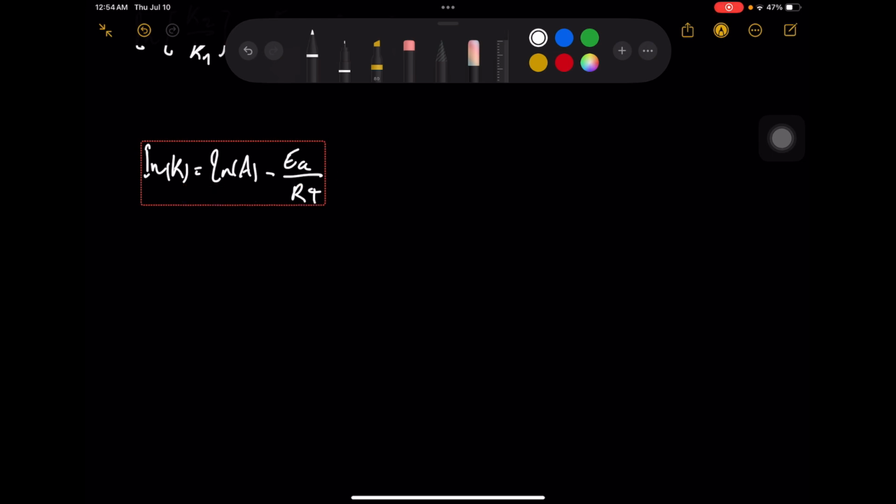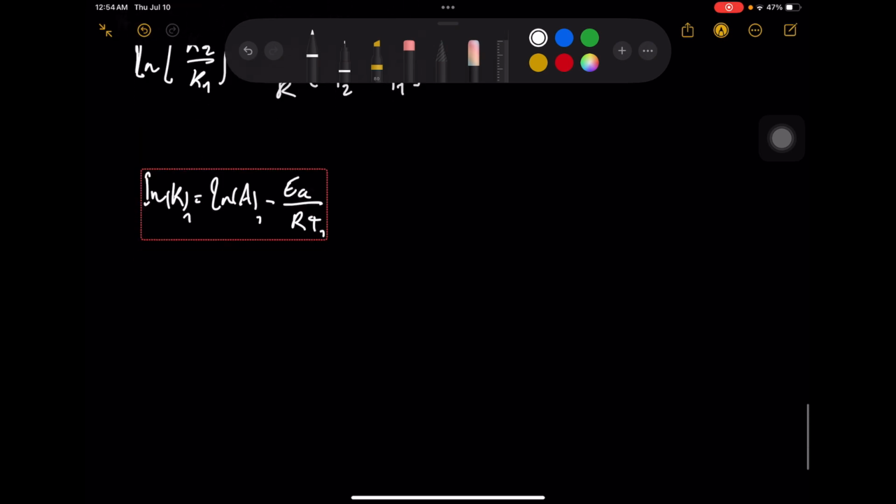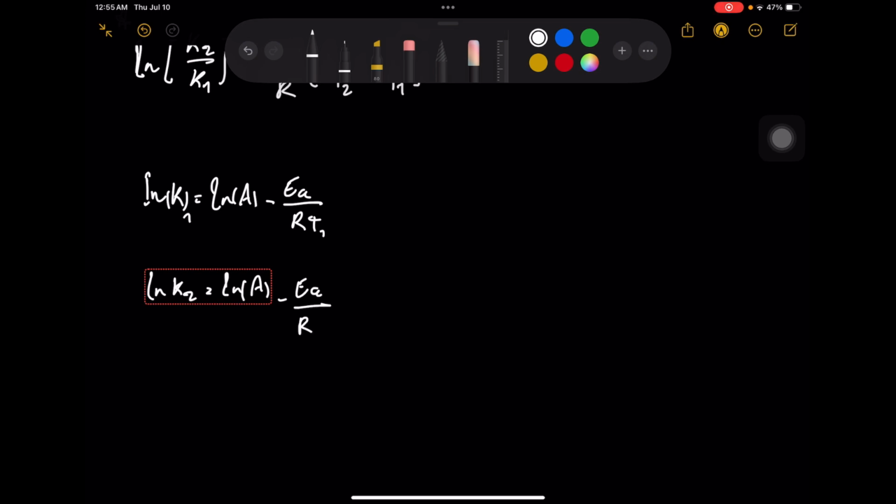Now if you have 2 points, for T1 and T2, it would give us ln k2 equals ln A minus Ea over RT2. A is like a constant. It happens during an experiment, and we just have to find it empirically.